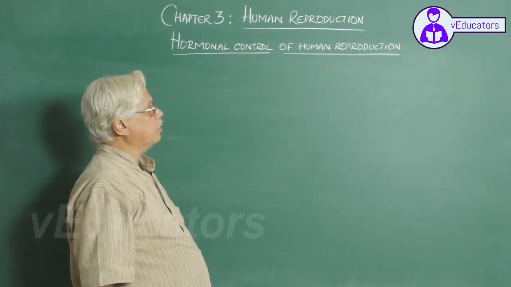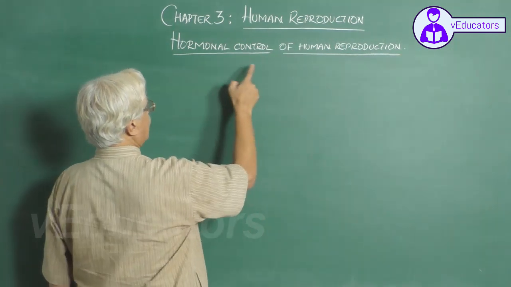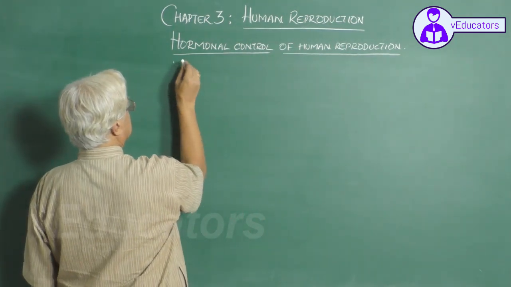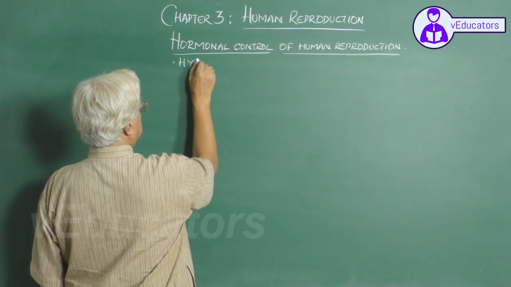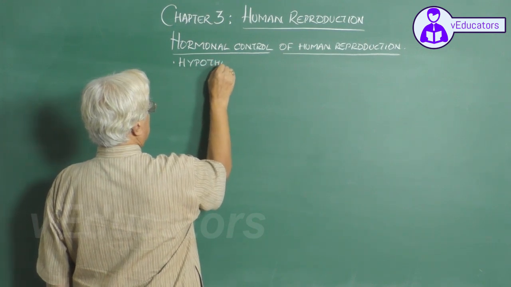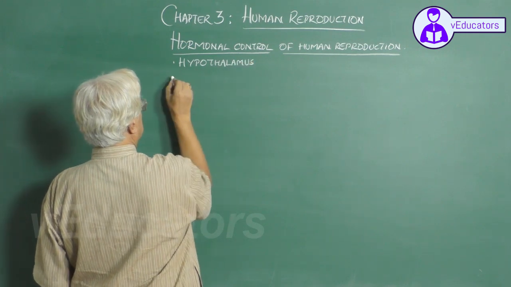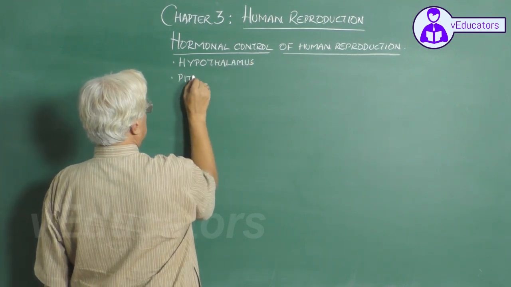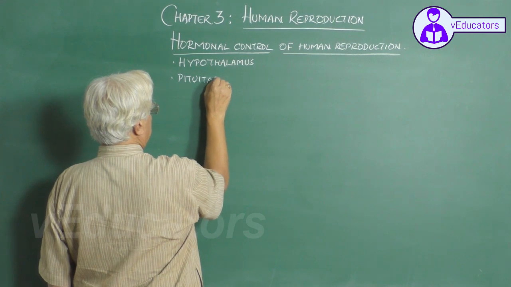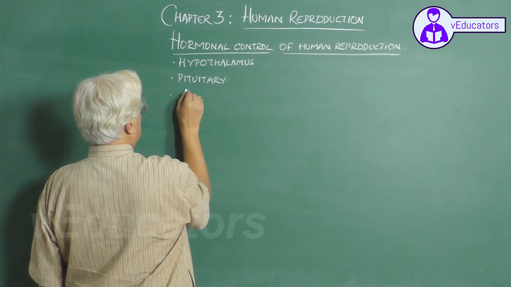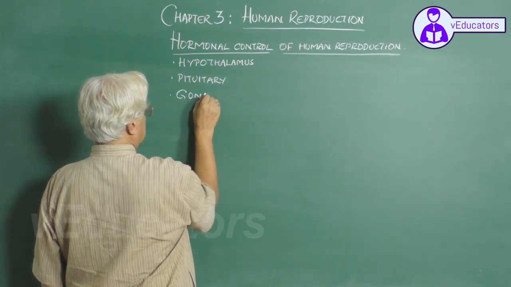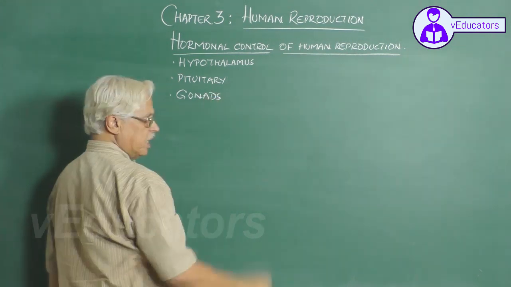Three important endocrine glands are involved in this hormonal control: hypothalamus, pituitary, and the gonads themselves.